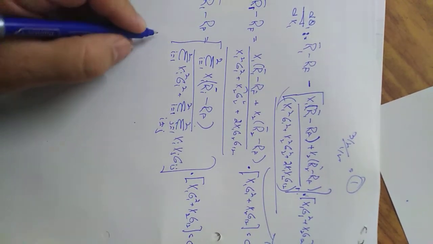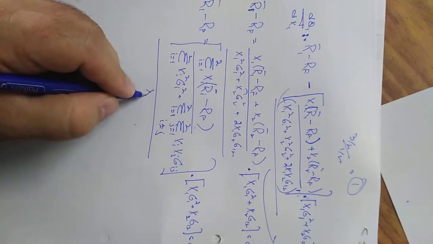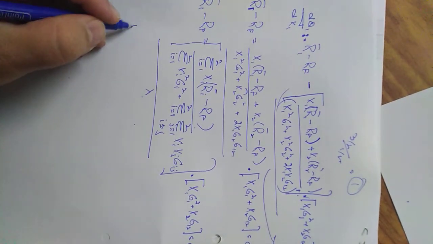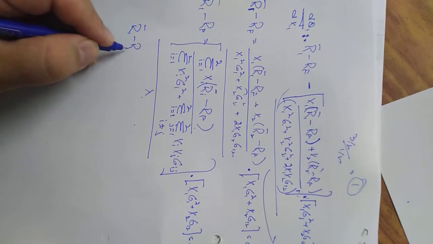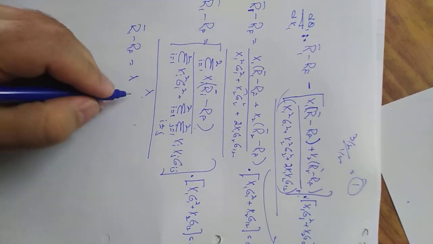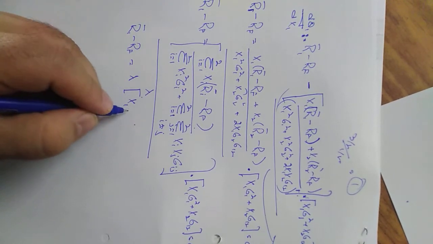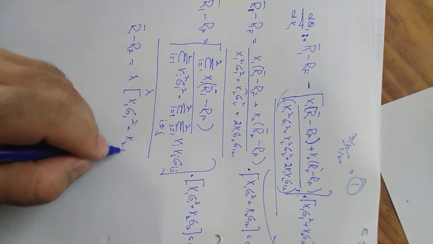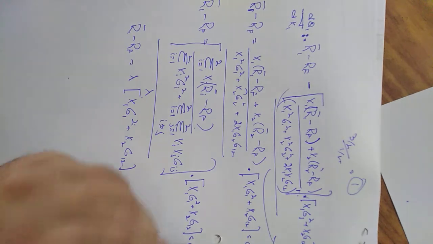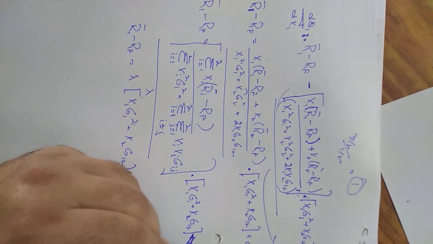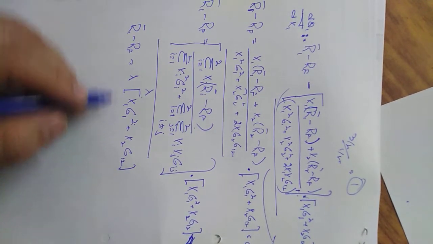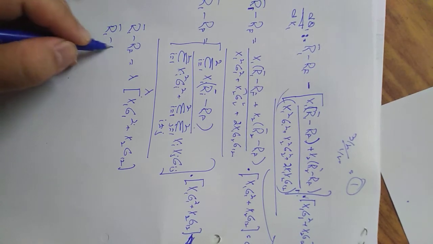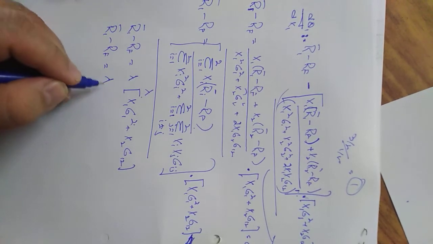If I say this thing is equal to lambda, for example, the equation contracts to lambda x1 plus lambda x2. I don't need this over here.